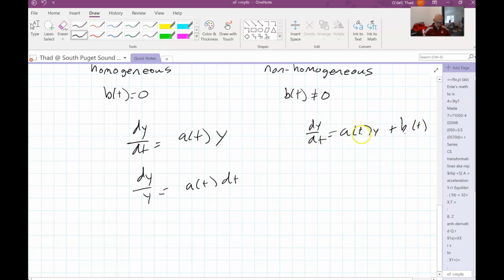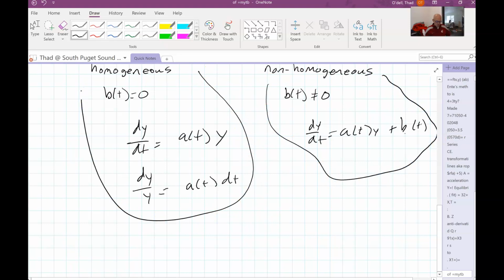I'm not thinking of a way where they would be separable, but the homogeneous ones always will be. So the homogeneous are easy to solve. We have a method for solving them, and the non-homogeneous we don't yet.